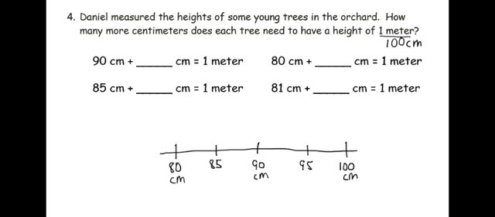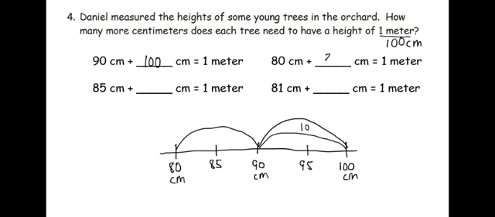For the first one, 90 centimeters plus blank would give me 1 meter or 100 centimeters. So if I'm at 90, I would have to do a hop of 10 centimeters to get to 1 complete meter or 100 centimeters. When I'm at 80 centimeters, I would have to do a hop of 10 to get me to 90, but another 10 to get me to 100.